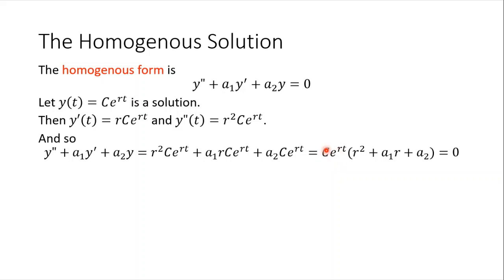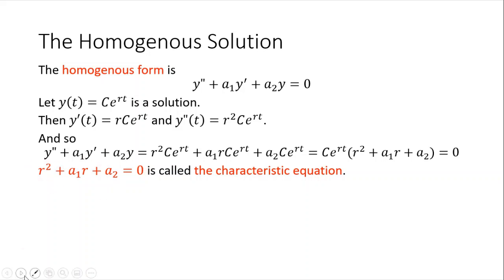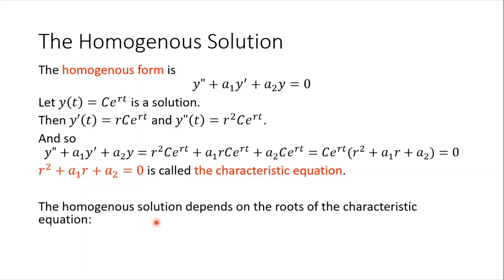If C is not 0, the only one that can be 0 is the remaining factor. This is called the characteristic equation. As in second order difference equations, we can find the roots of this characteristic equation, and the homogeneous solution will depend on these roots.